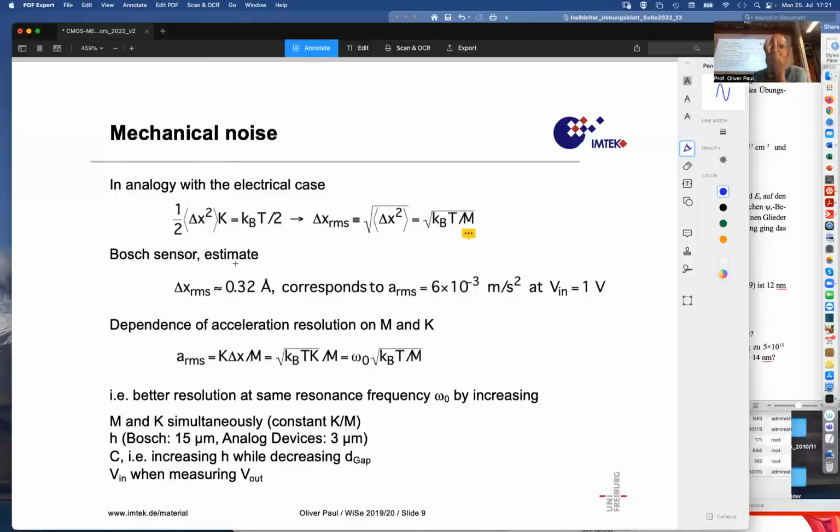So you have this spring, and you have this mass. Ideally, you think that if nobody works on this mass, in vacuum and nothing happens, so only vacuum, no gas hitting that mass, and then you watch this mass.